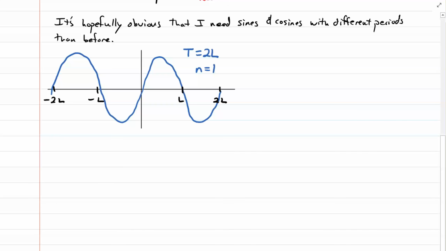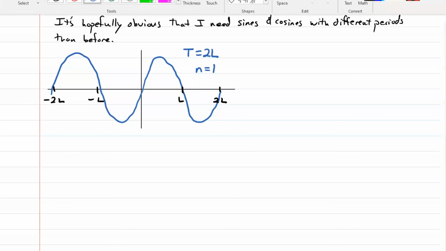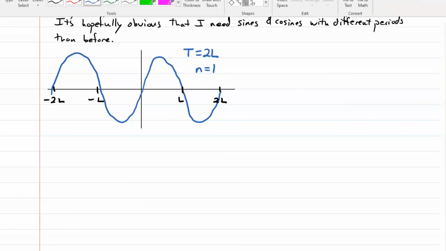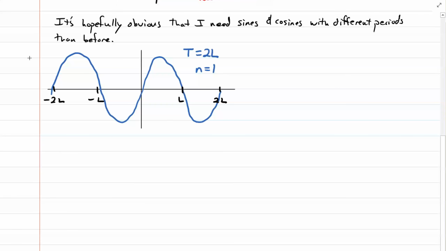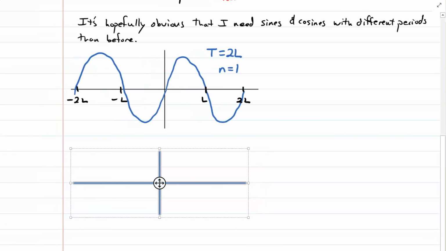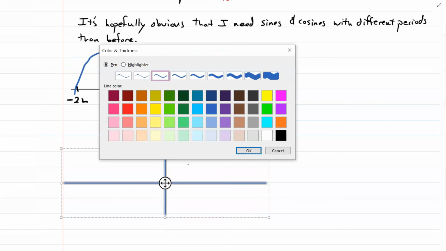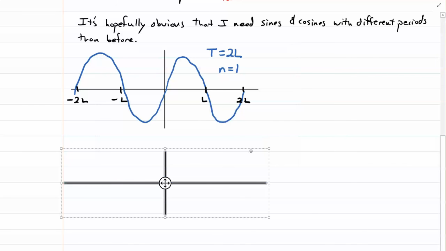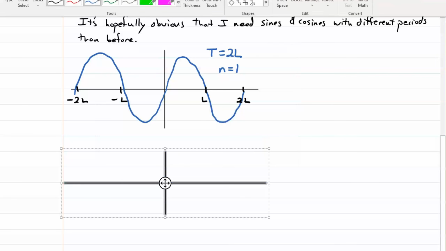And then I have to add up the higher n's. So my other values of n, or my other functions that I might need to use, would be something like this. So let me draw one more and you kind of get the idea. Let's do the same thing.